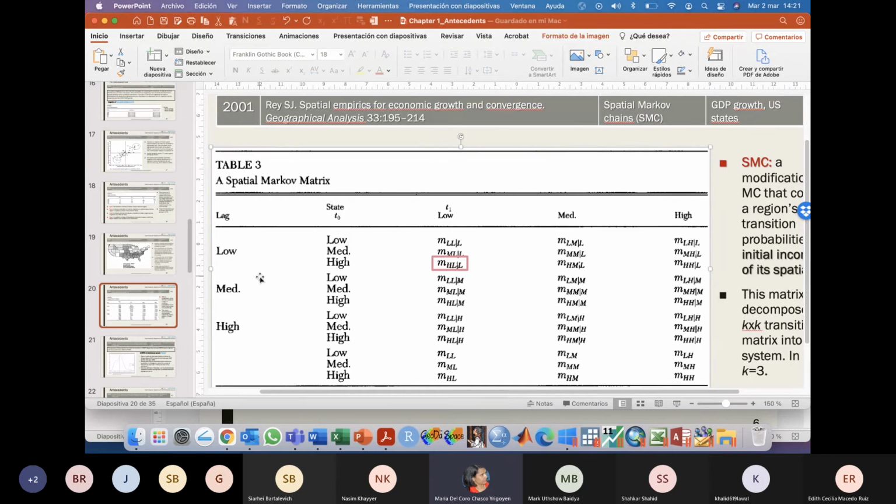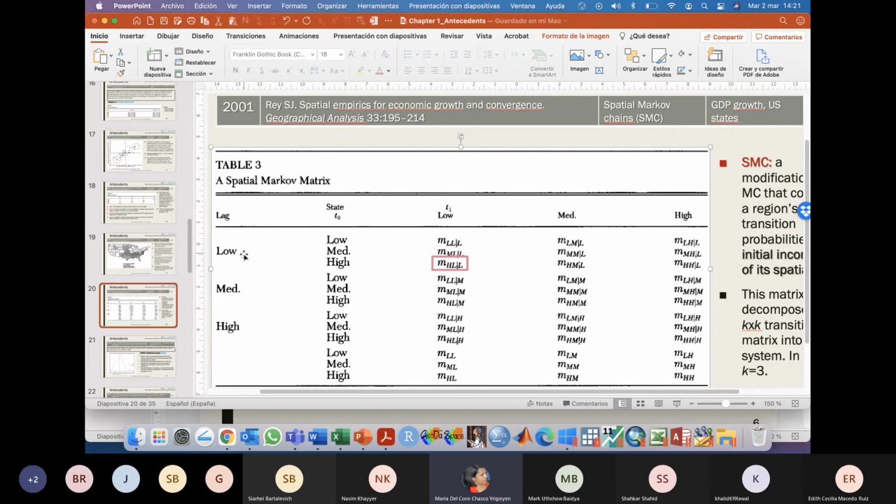These first three rows, low, medium, high, correspond to the regions which had low income neighbors. So they are like three Markov chains, considering for each region the neighbors' income level.